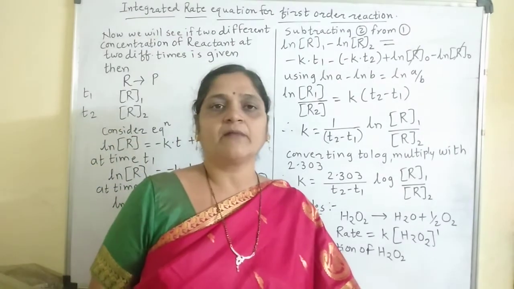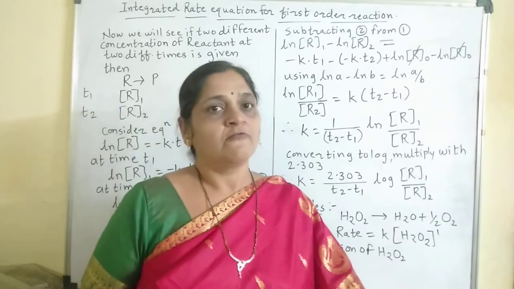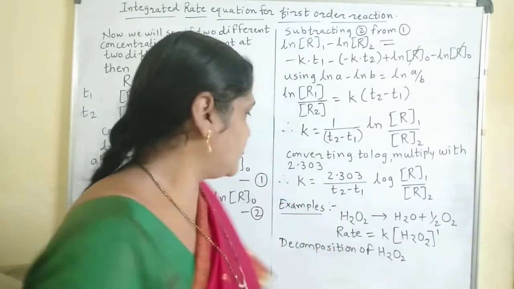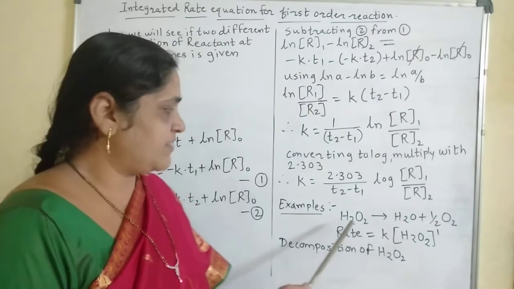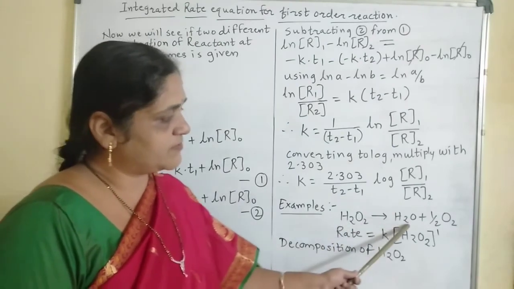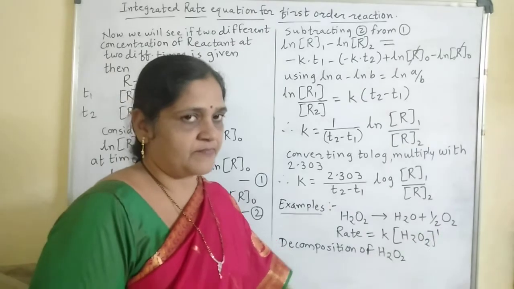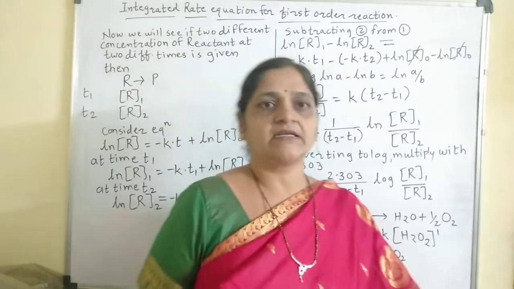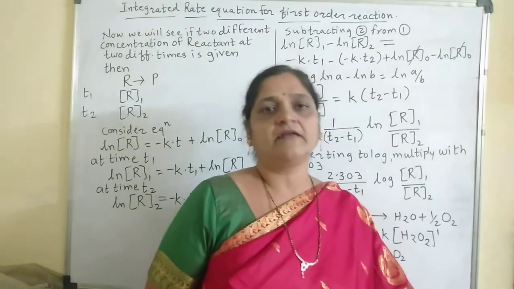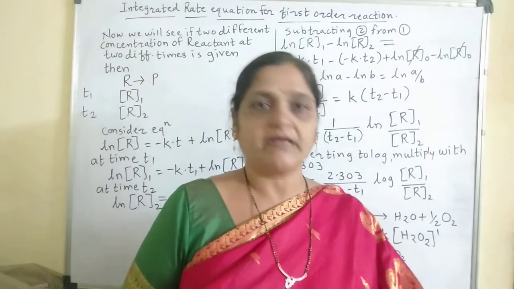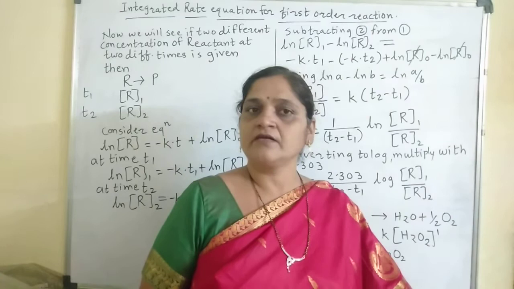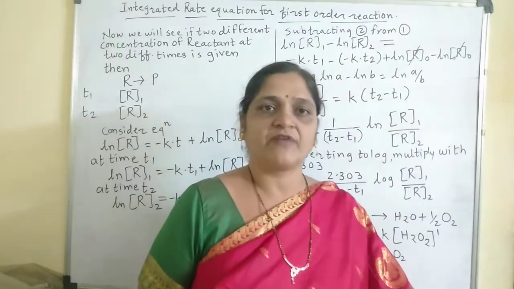Now let us think about the examples of first order reactions. The first example is the decomposition of H2O2. If H2O2 undergoes decomposition, it will produce water and oxygen gas. You all know decomposition reactions: a single reactant will undergo decomposition or split into two different compounds or two different elements.